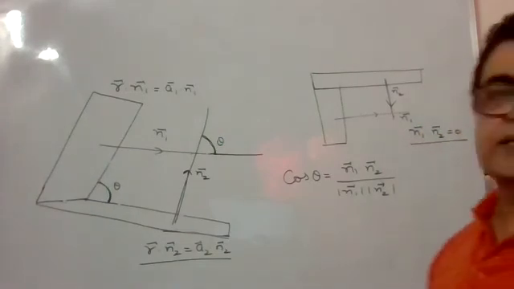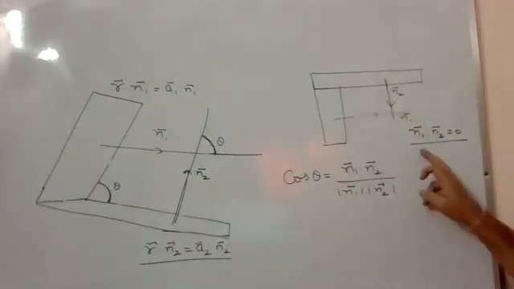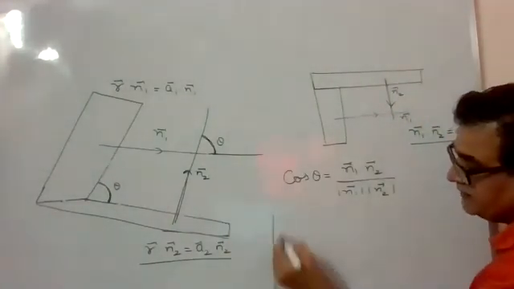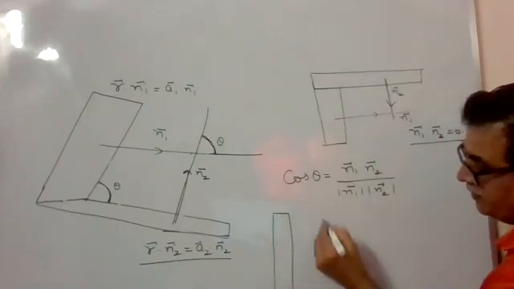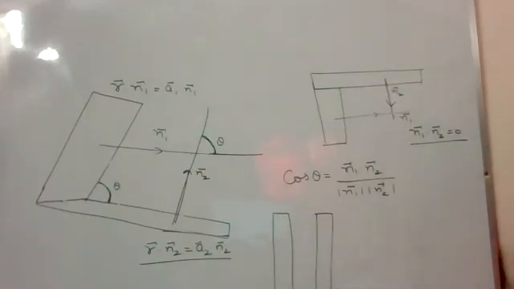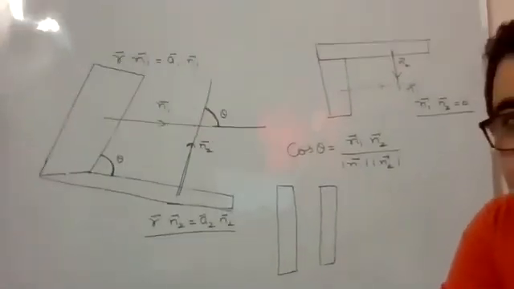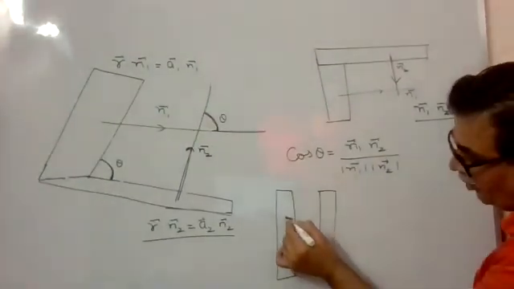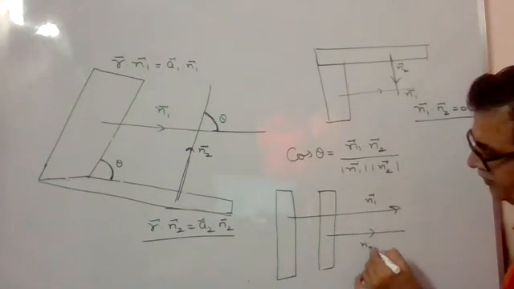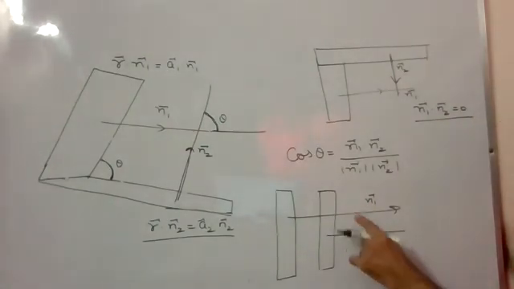And if the planes are parallel, then whatever normal to one, that is n1, and whatever normal to the other, that is n2, will also be parallel.